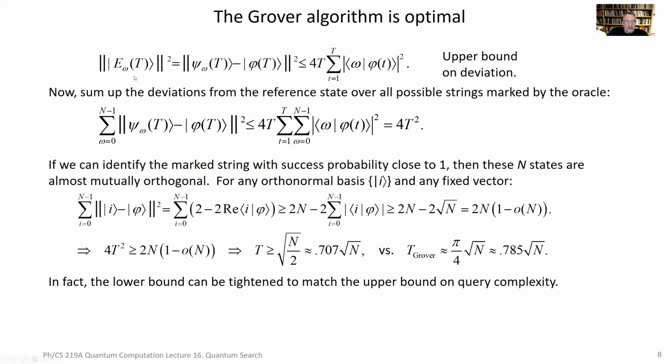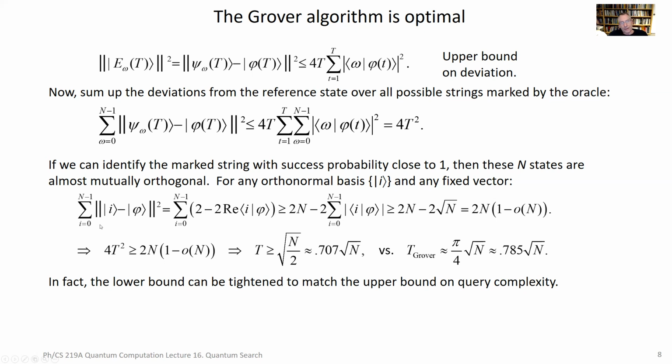Now, that means that in the case where the success probability is essentially 1, the psi omega of capital T's should all be elements of an orthonormal basis. Now, for any orthonormal basis and any fixed vector, I can consider the sum over the basis elements of the difference between basis element and fixed vector, norm squared.